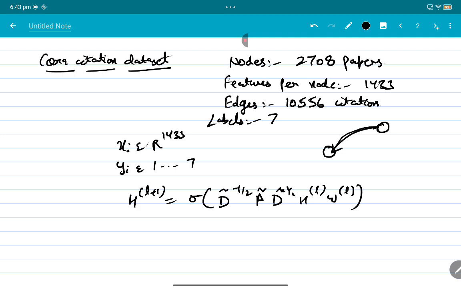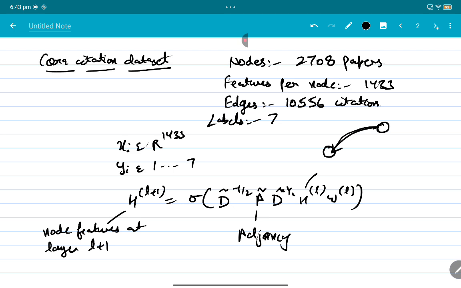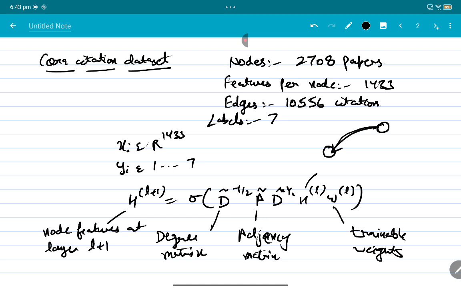In this formula, H is the node features at layer L plus 1, and similarly this one is for layer L. A is our adjacency matrix, D is our degree matrix, W is our trainable weights, and sigma is some non-linearity.